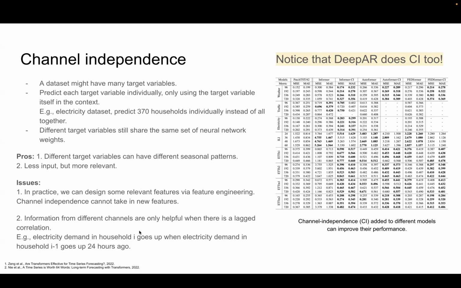And also, if there are some other features that are helpful in the context range, most of the time, there needs to be a lag. So maybe whenever we see a spike in household J 24 time steps ago, we will see a spike in household I after 24 time steps.